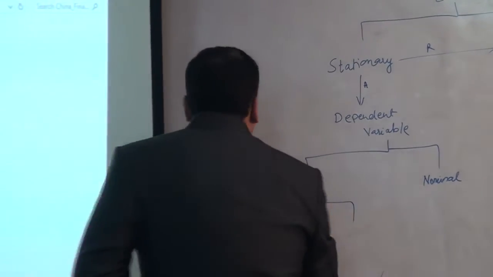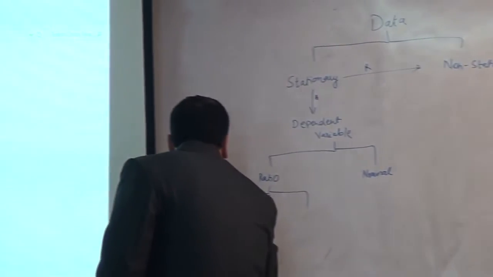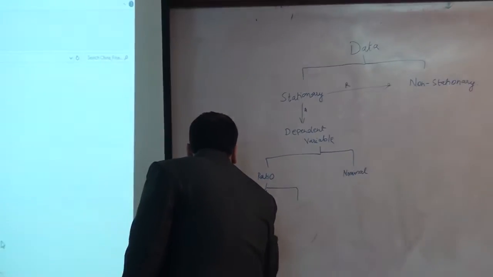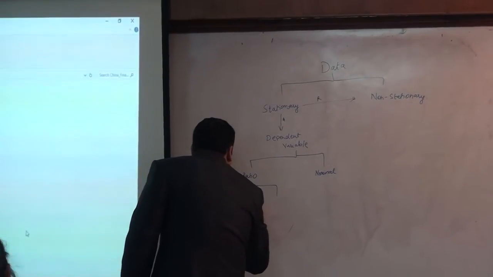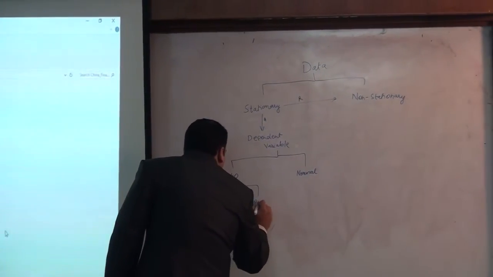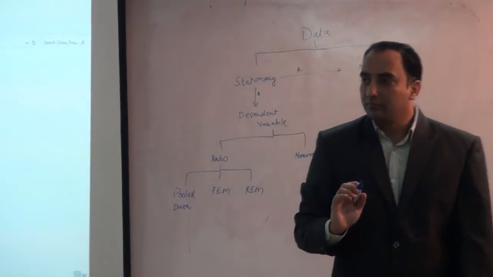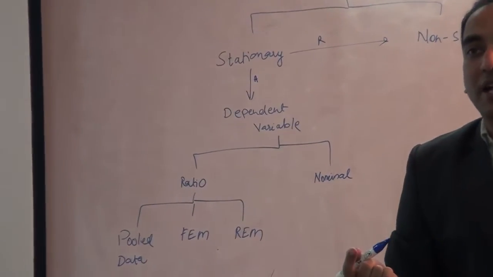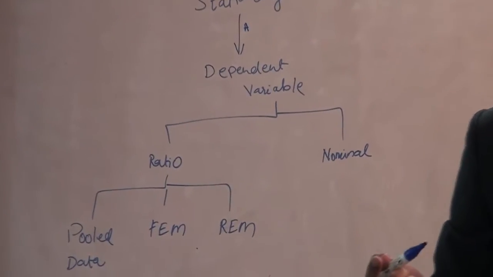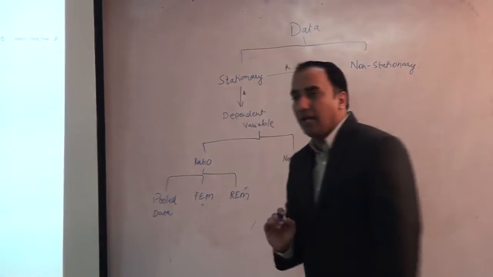Suppose it is a normal regression, I can apply pooled data regression, I can apply FEM, I can apply REM. But if I also have a dummy variable in my explanatory variables, I cannot apply FEM.